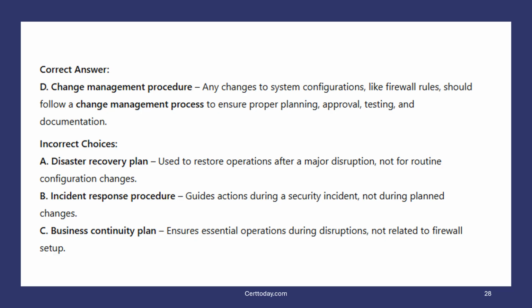B is incorrect because incident response procedure guides actions during a security incident, not during planned changes. And C is incorrect because a business continuity plan ensures essential operations during disruptions, and it is not related to firewall setup.